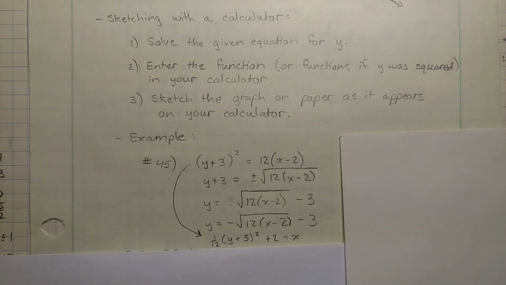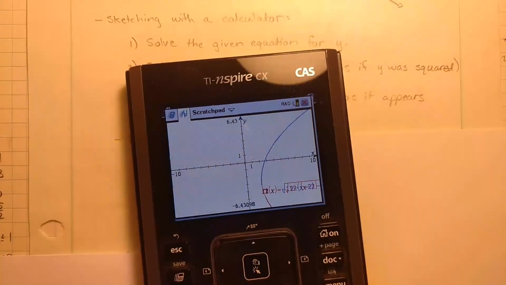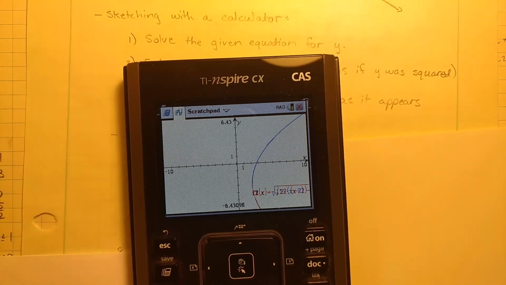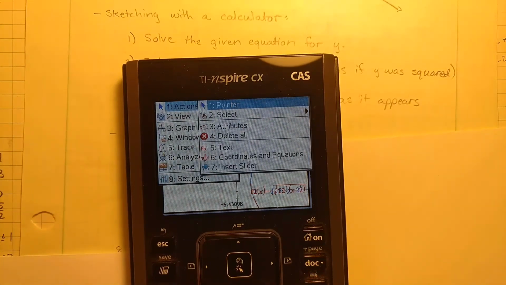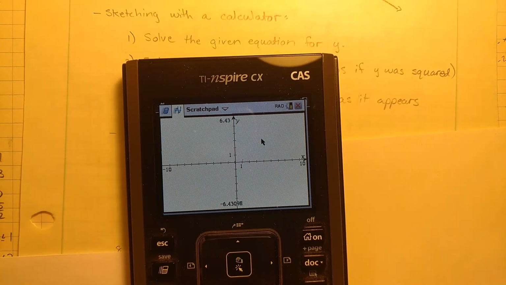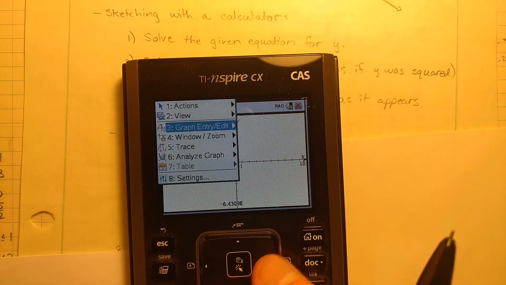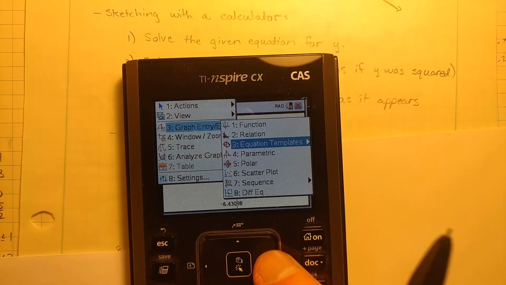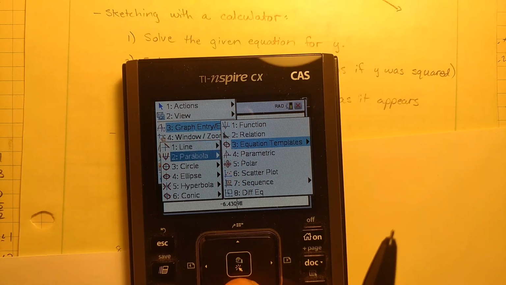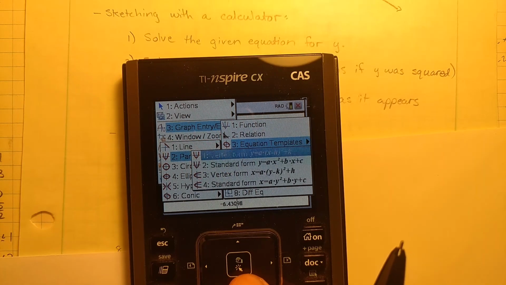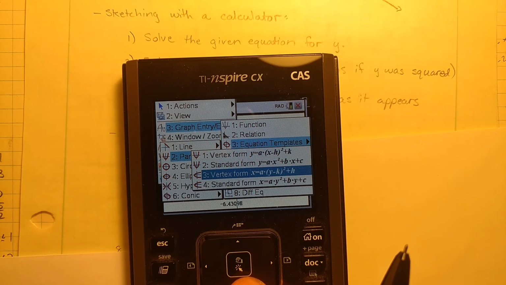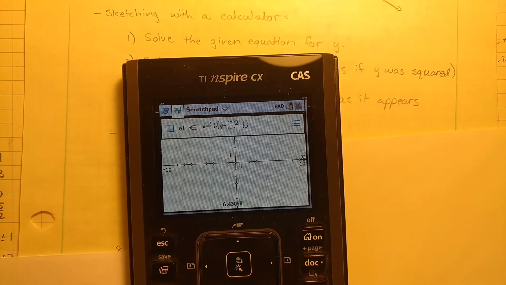Now that it's solved for x, I can go into the calculator, and I'm going to delete this out. Now I'm going to go to my menu, and then to the equation templates, and I'm going to pick parabola, and the one that's solved for x in vertex form. So notice when I see that, I know that what's multiplied here is going to be 1/12.